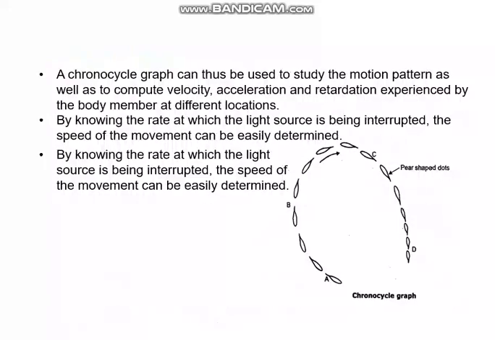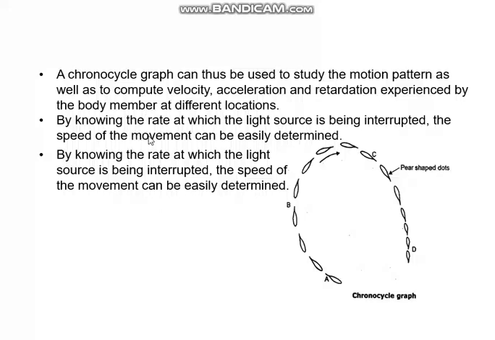This chronocycle graph can be used to study motion patterns and also to compute the velocity, acceleration and retardation experienced by the body member at different locations. All this information you can get.